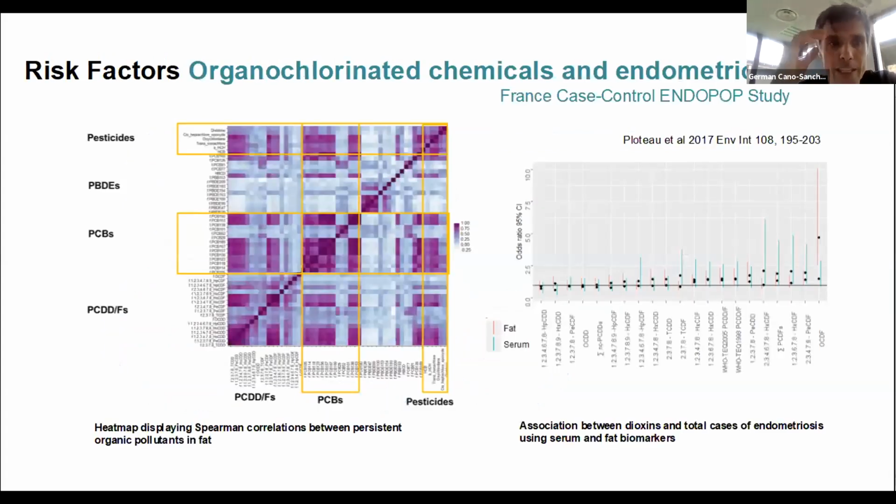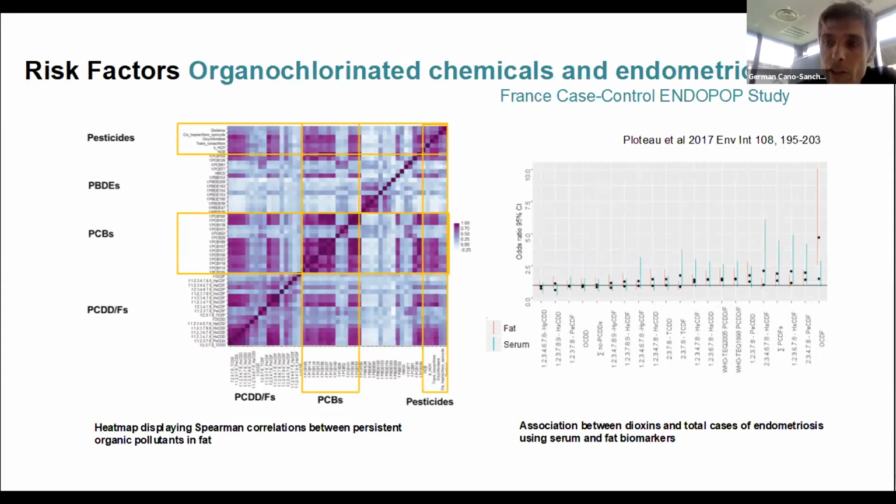That was the reason that brought us to conduct a preliminary case control study in France, where we found that most organochlorine chemicals, like pesticides, dioxins, or PCBs banned in the 70s, were found in all women that were measured in 2016.